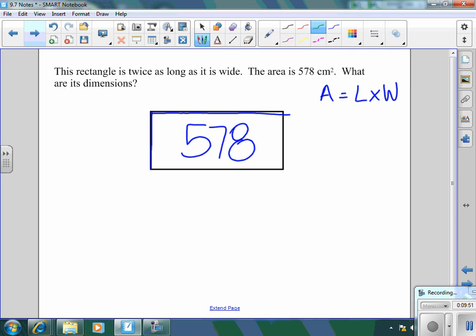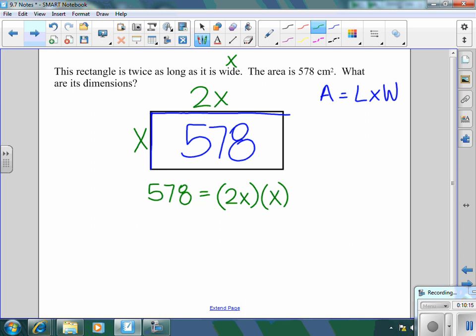When it says that it's twice as long as it is wide, we're comparing it to the width. So let's make that x. Twice as long would mean 2 times x. So we're going to plug it in that formula up there. We know the area is 578, and that has to equal the length times the width.